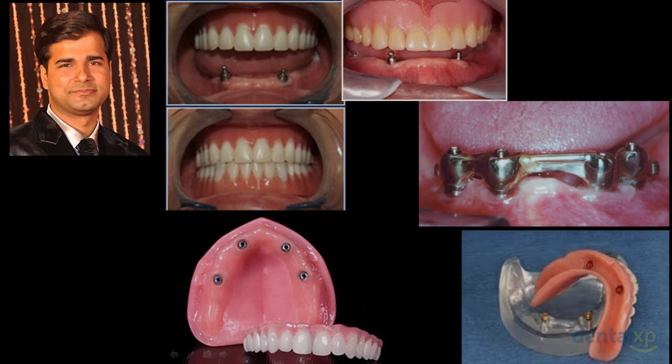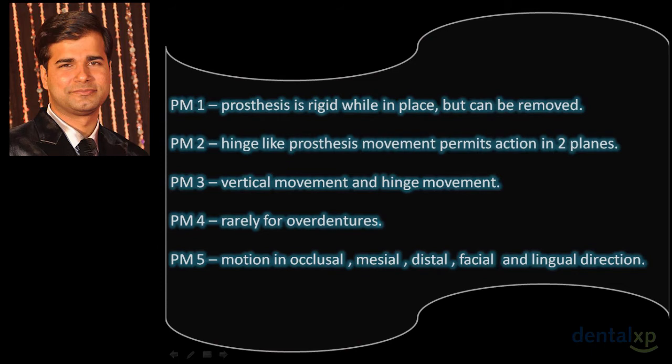What we have to understand is that the actual overdenture movement may be completely different from the attachments when independent. Also, the prosthesis movement may vary from 1 to 6 directions even though the same type of attachments is used. Okay, let's see it in detail.